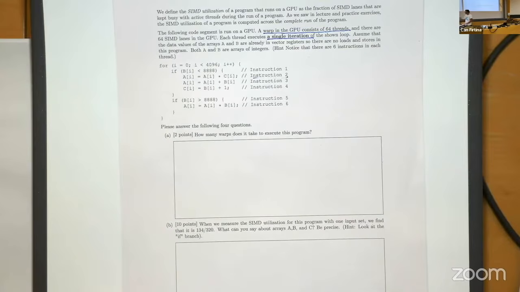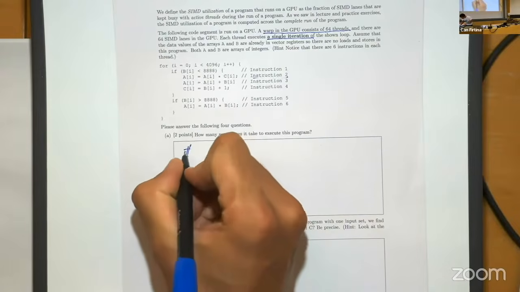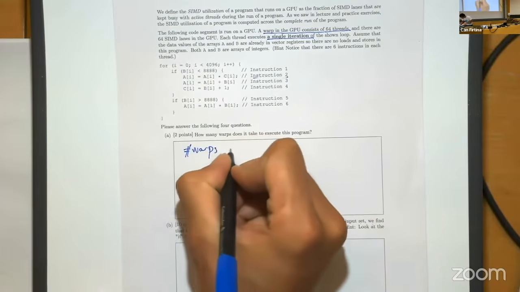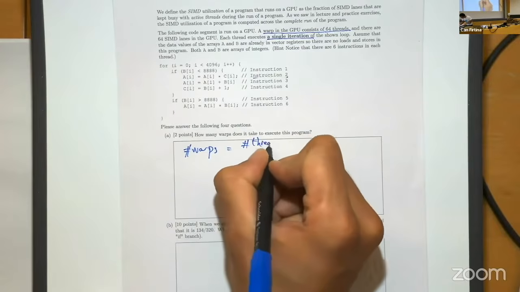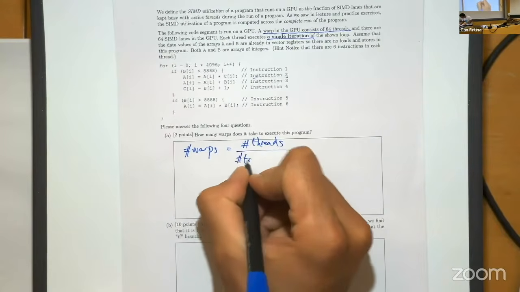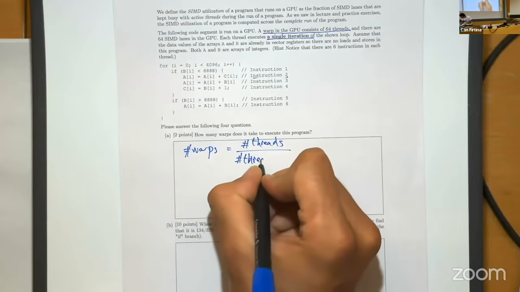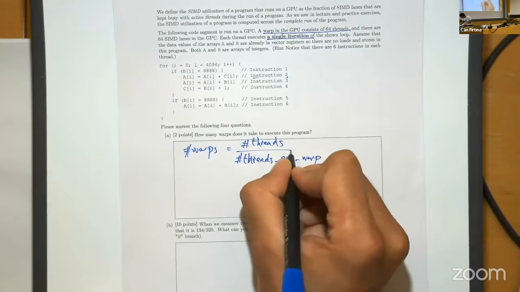The only thing that should be clear for you is that the total number of iterations is going to be the total number of threads that we need, and what's the number of threads per warp, right? That's information that the question gives us. So the total number of warps is equal to the total number of threads divided by the number of threads per warp.